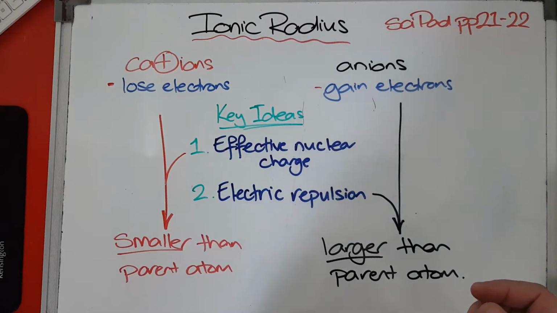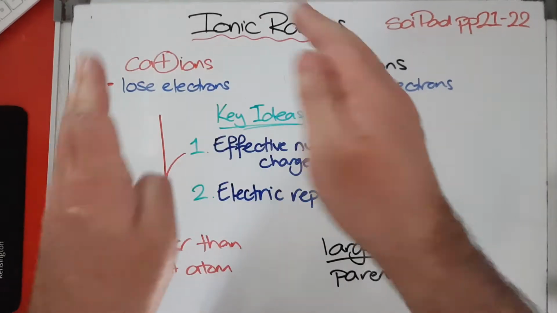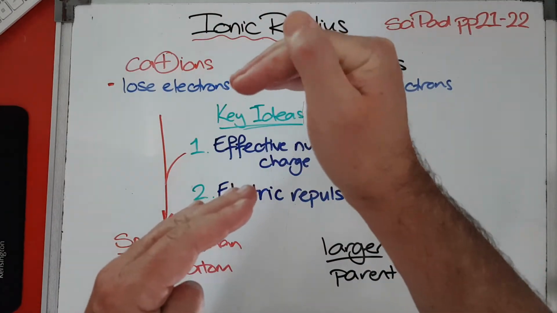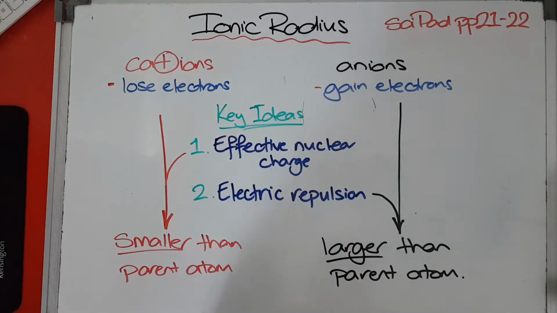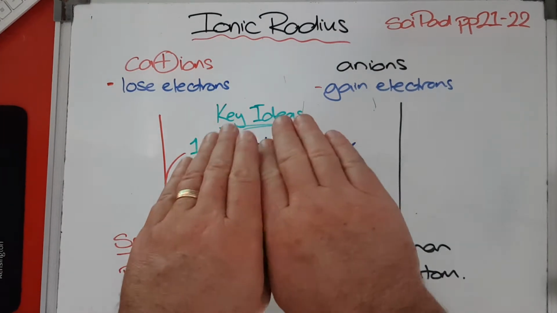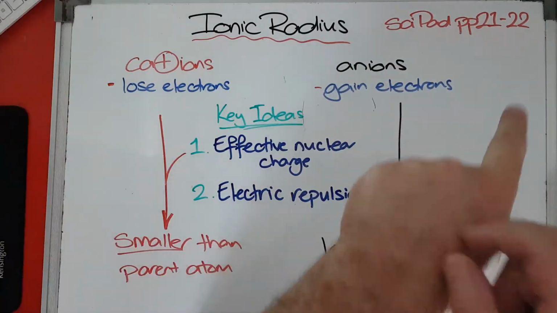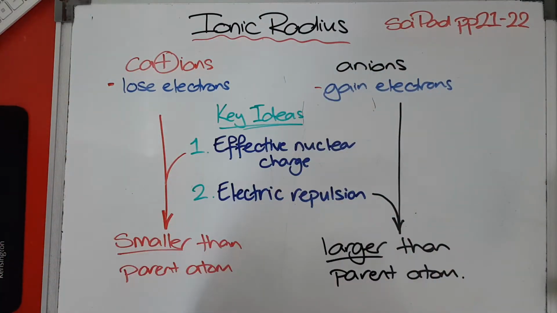That means that there's an increase in effective nuclear charge on the outermost electrons because they've lost the ones at the highest energy level. So for example, if we think of calcium, which has electrons in the first energy level, the second, the third, and its two valence electrons in the fourth energy level, it loses those two, so it only has electrons in three energy levels.